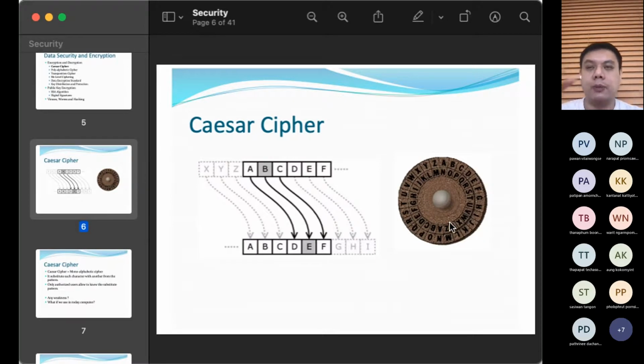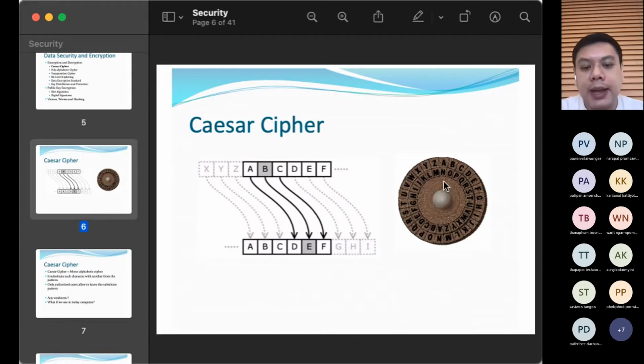They used two metal pieces, two rounds. If you look carefully, there's one round inside and another round outside, so they're actually separate pieces. They put the two separate pieces together using a pin in the middle so they can rotate them. The idea is that you have A, B, C until Z on the inside, and A, B, C on the outside, but you can rotate it to map it.